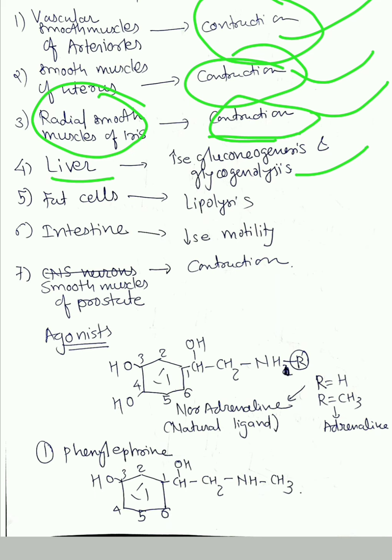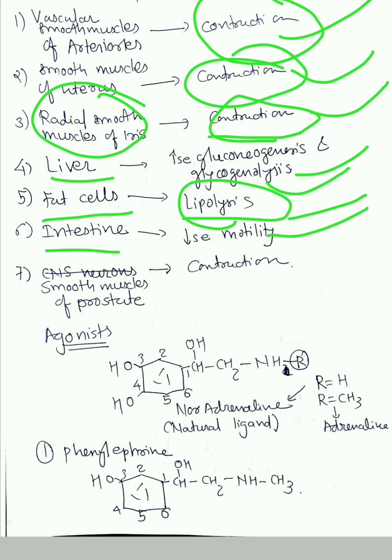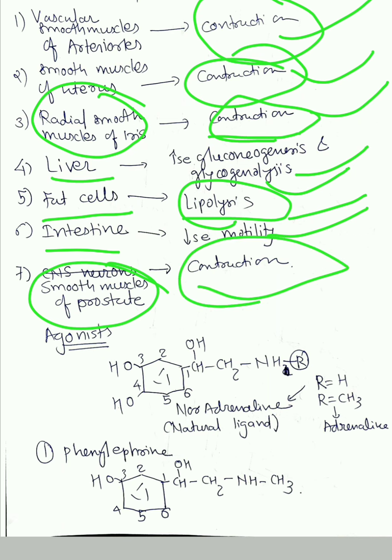Genesis means production of glucose, and glycogenolysis means lysis or breaking of glycogen. Breaking of glycogen will also give you glucose, and gluconeogenesis will also produce glucose. So ultimately, because of alpha 1 receptor, glucose level of body increases. Next, fat cells, it causes lipolysis, breakdown of fat cells. Intestine, it decreases motility. Next, smooth muscles of prostate gland, there also it causes contraction.